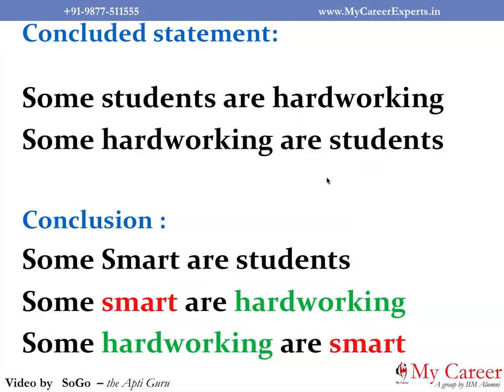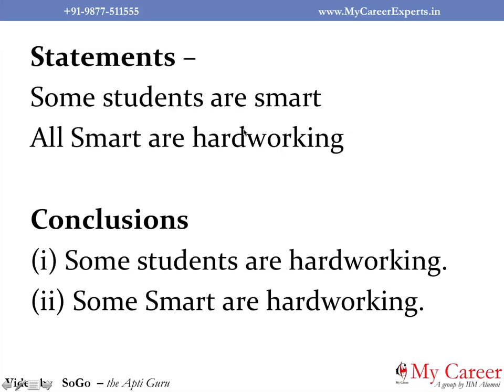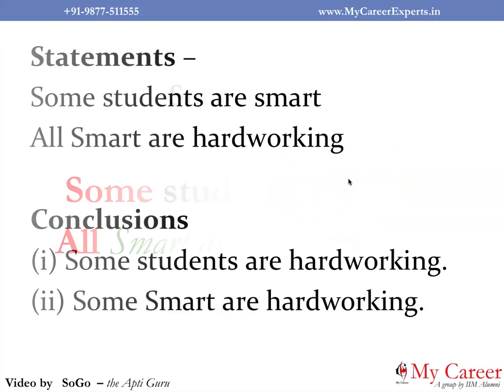If I go back to my question, it says some students are smart, all smart are hardworking. So what are all the possible conclusions drawn from this? Some students are hardworking, some smart are hardworking, some hardworking are smart, some smart are students. So these are all the conclusions which we can draw from the statements.